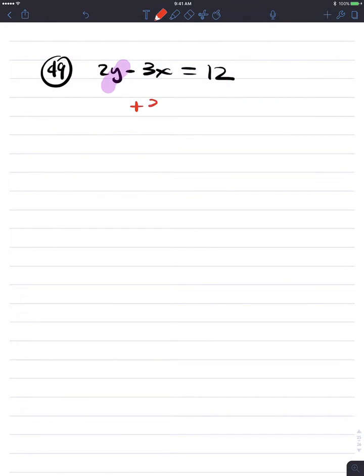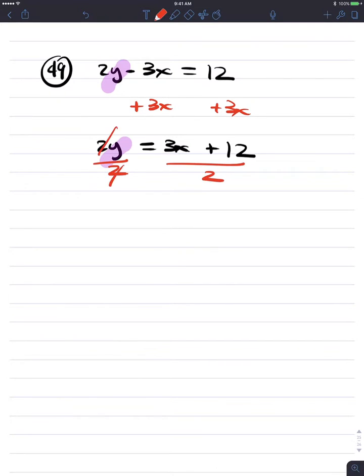49. 2y minus 3x is 12. We're going to solve this for y. We're going to first undo the subtraction by using addition of the 3x. And then you have 2y is 3x plus 12. We're still solving for y, and 2 is being multiplied to it. I'm going to have to undo that by dividing both sides by 2.